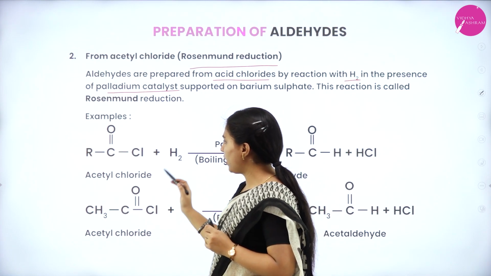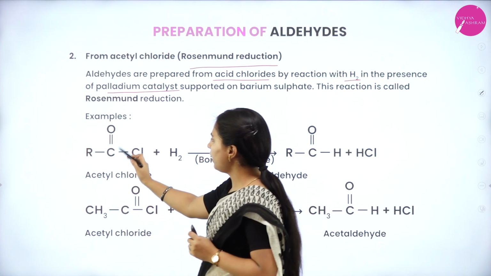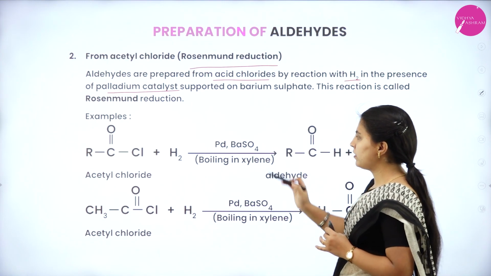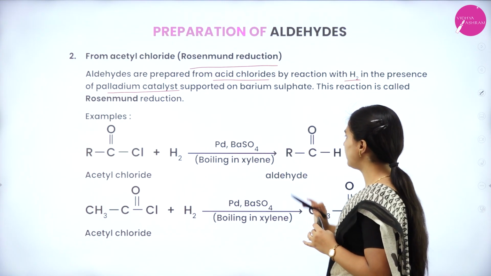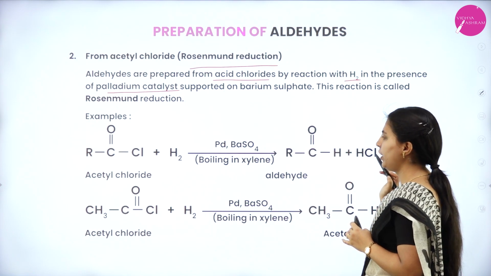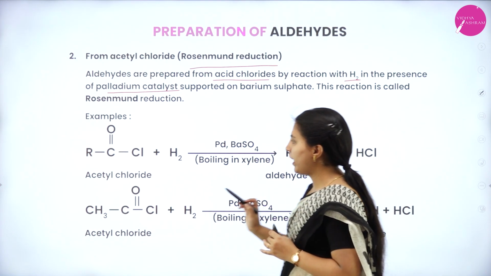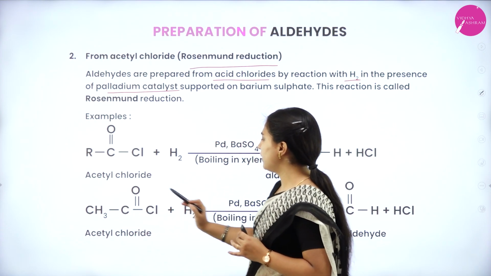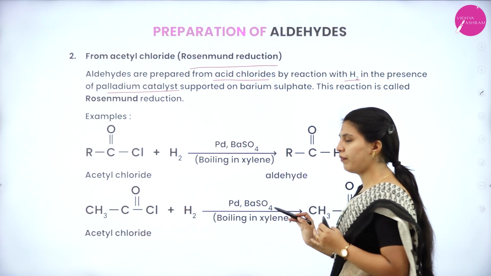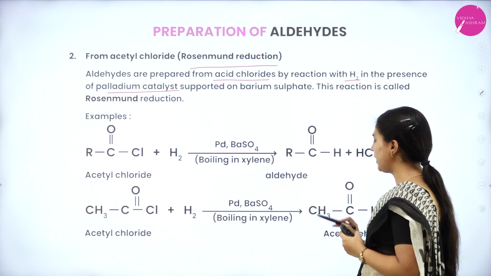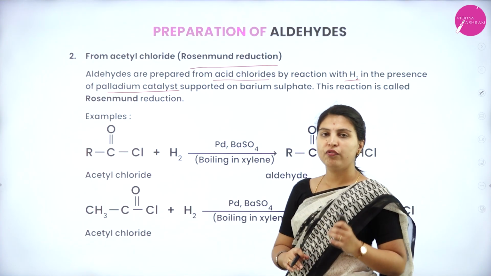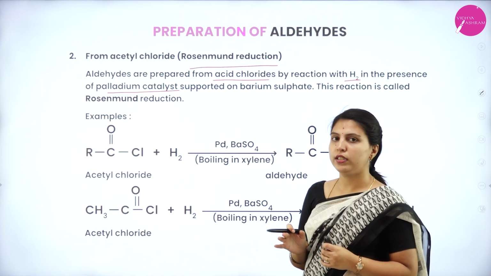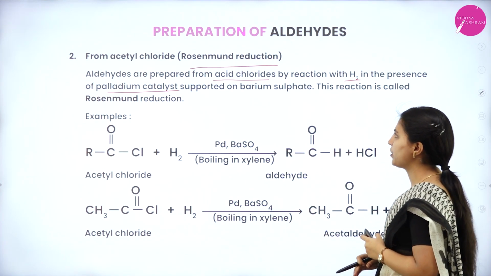Acyl chloride RCOCl, when treated with hydrogen in the presence of palladium catalyst and barium sulfate, aldehyde will be formed. Here if you take CH3 alkyl group in the R place, RCOCl will form acetaldehyde in the presence of hydrogen and palladium catalyst and barium sulfate.